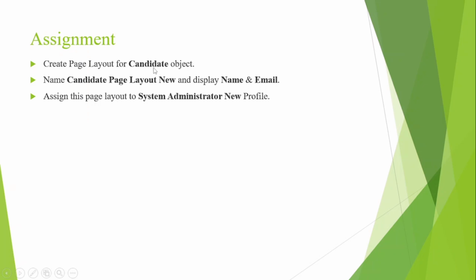We created a page layout named candidate page layout new, and here we displayed only two fields, name and email, and we also assigned this page layout to the system administrator new profile. This profile we had already created in the previous session.